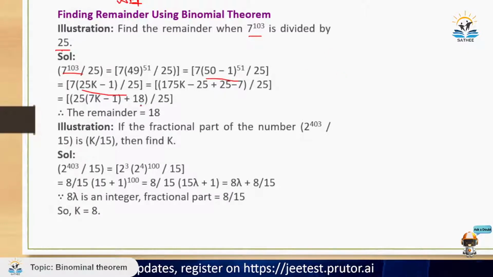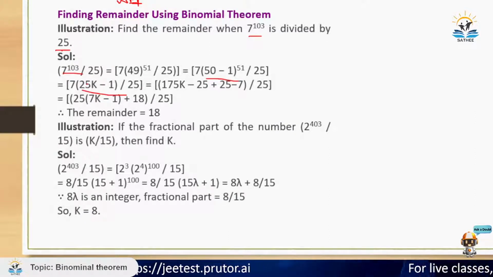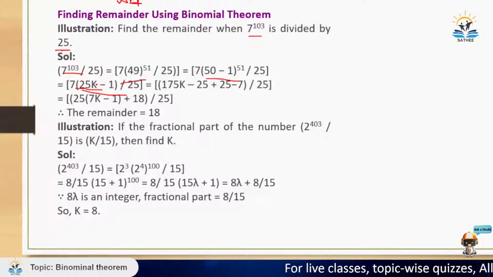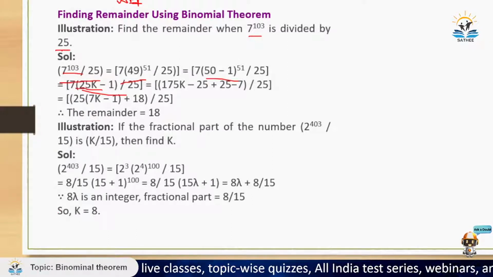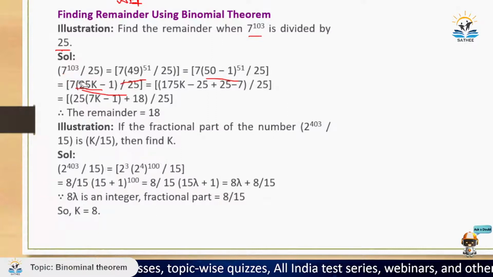So you will get 7 into 25k minus 1, because हर टर्म में 50 होगा लास्ट टर्म को छोड़ के, तो हर टर्म 25 का मल्टीपल होगा, तो फिर मैं उसको 25k लिख सकता हूँ, और लास्ट टर्म होगा minus 7, so that is equal to here. So from here 25 will cancel this term, so what will be left to you is this term minus 1 by 25. So इसको मैं कैसे लिख सकता हूँ, इसको मैं ऐसे लिख सकता हूँ कि, let me erase it first.